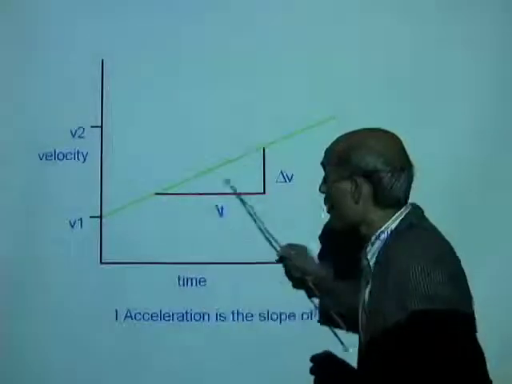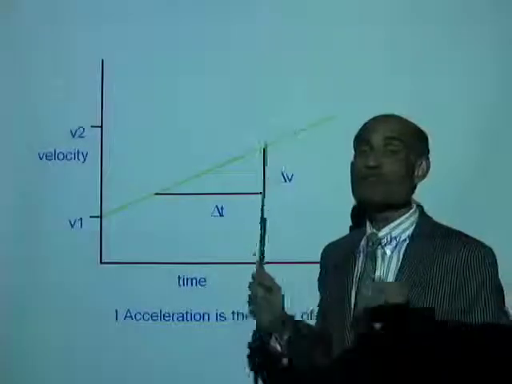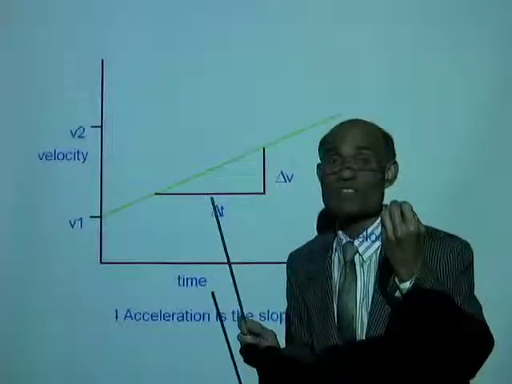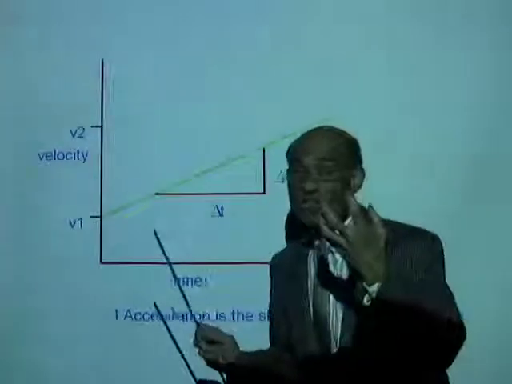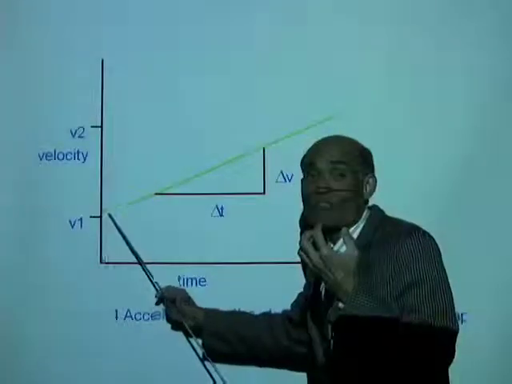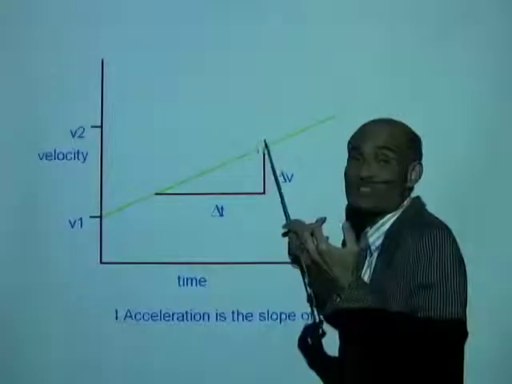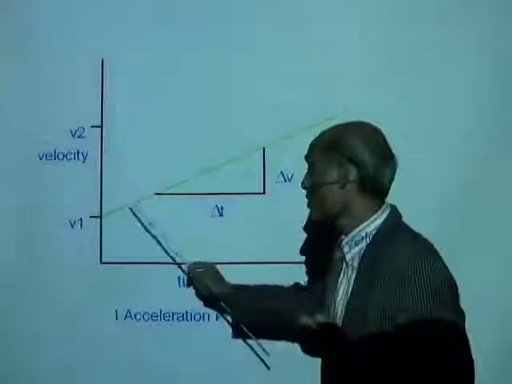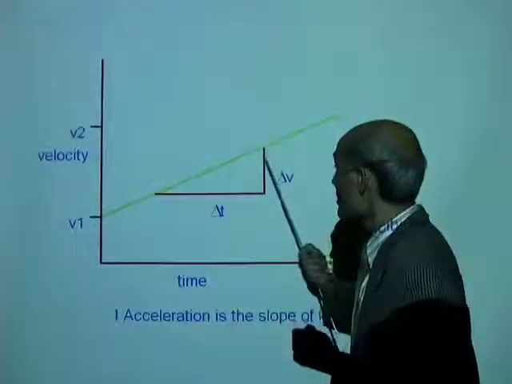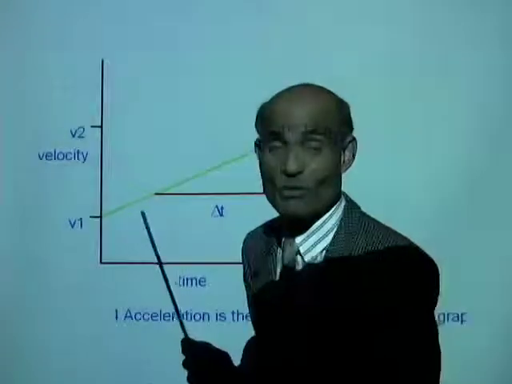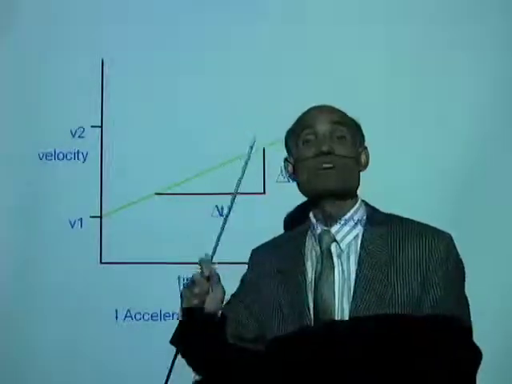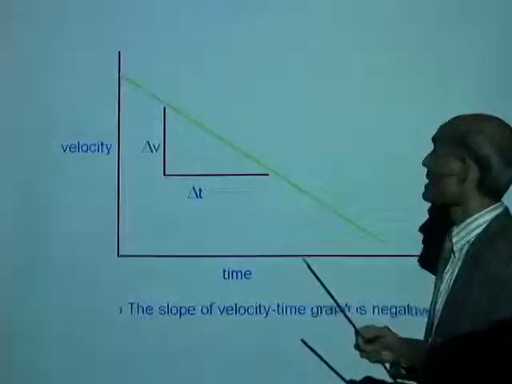Now, this is a positive acceleration. How do you know if it is a positive acceleration? An acceleration is positive if the velocity keeps on increasing, right? So this is a positive acceleration. The slope of the velocity against time graph is the positive acceleration.